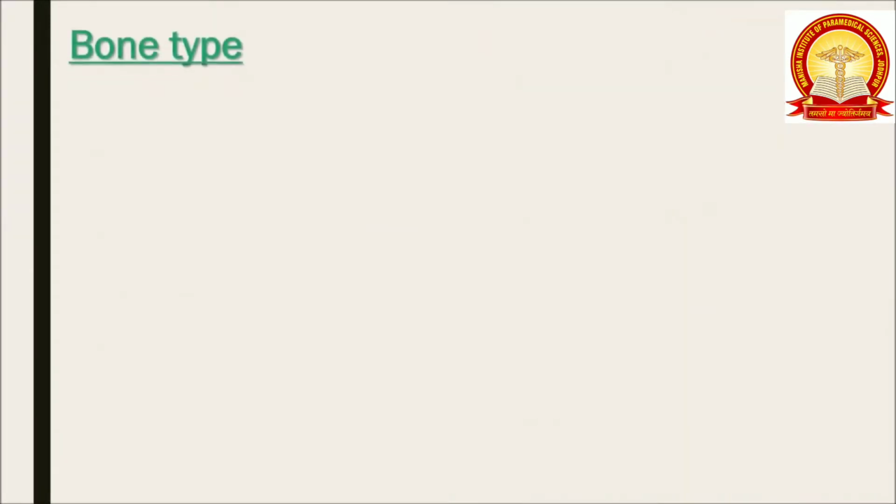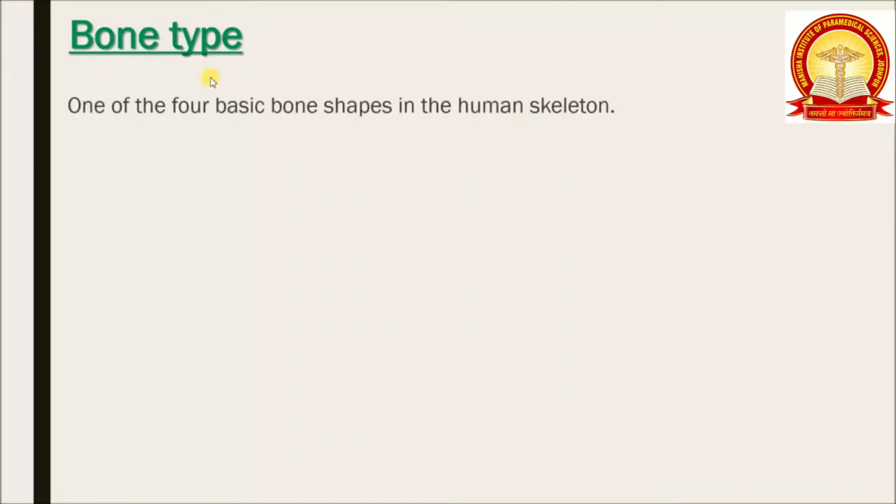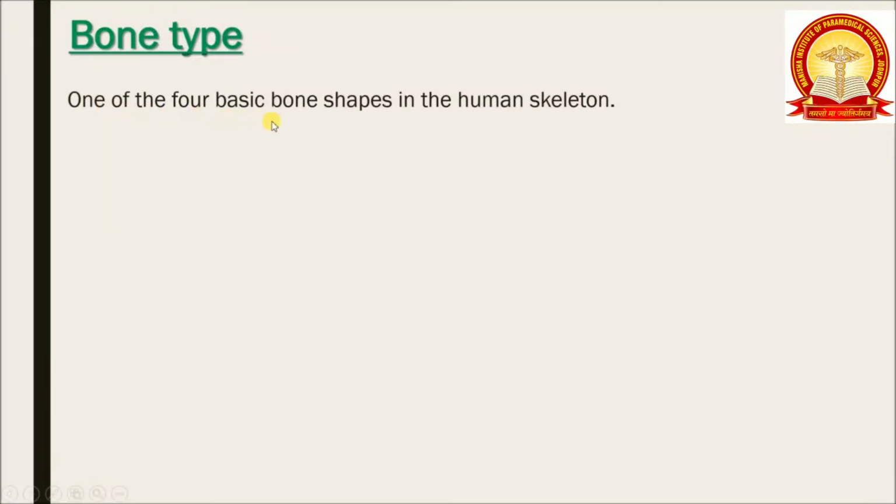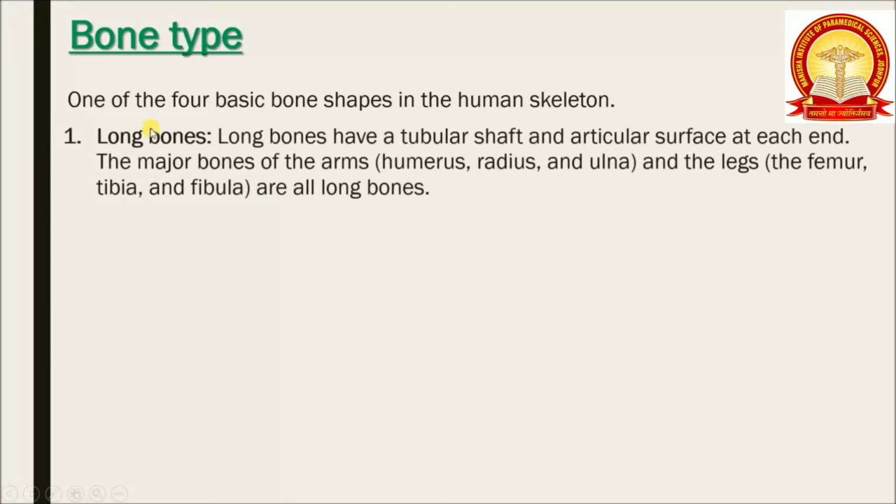So now, what are the types of bone? There are four basic bone shapes in the human skeleton. First is long bones. Long bones have a tubular shaft and articular surface at each end. The major bones of the arms, humerus, radius, and ulna, and of the legs, the femur, tibia, and fibula, are long bones.